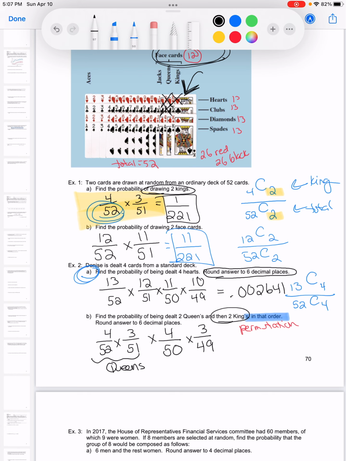So I can type in that fraction, or I could use permutations. Now, I should label this. I'm going to have a permutation for both the kings and the queens. So there are 4 queens and I'm choosing 2. We're going to multiply that. There are 4 kings and I'm choosing 2.